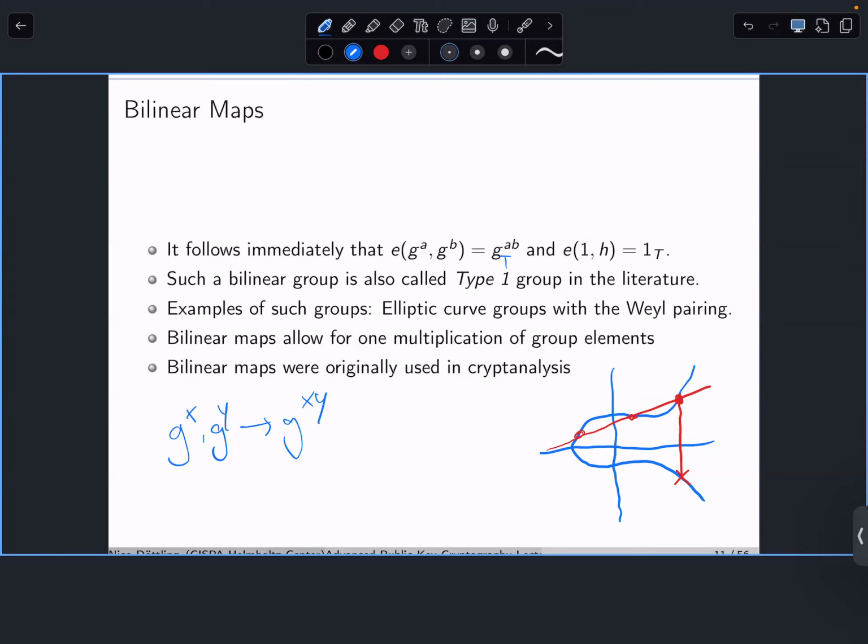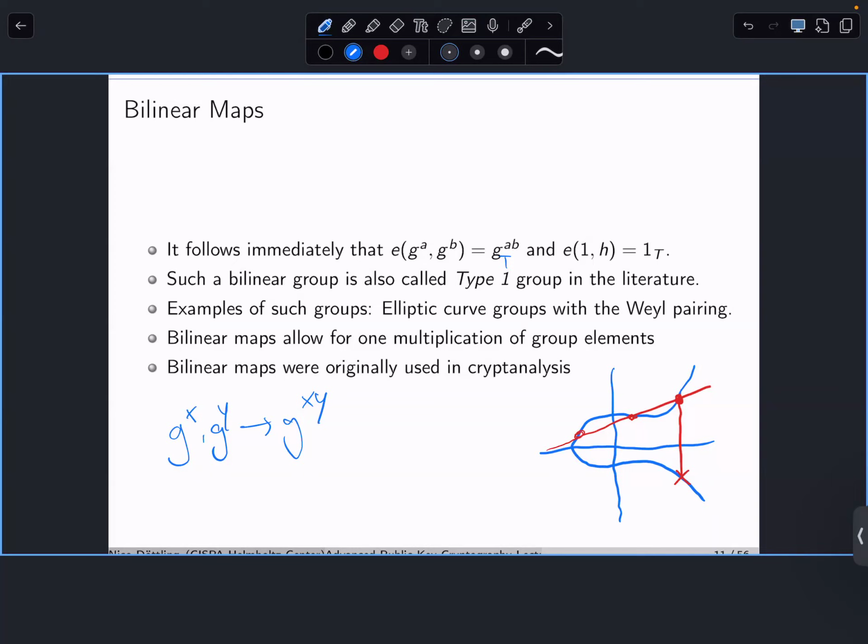In a symmetric pairing group, the way we've just introduced it, we cannot make the DDH assumption, because g to the xy is trivially distinguishable from something uniform.